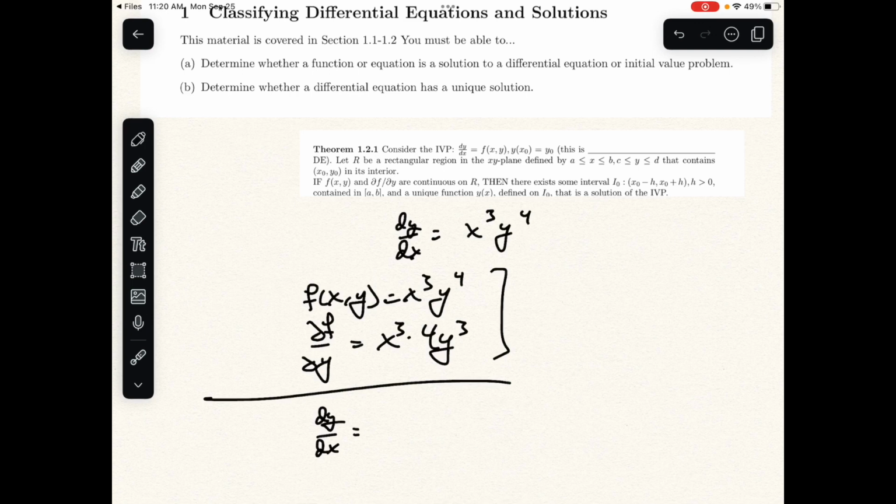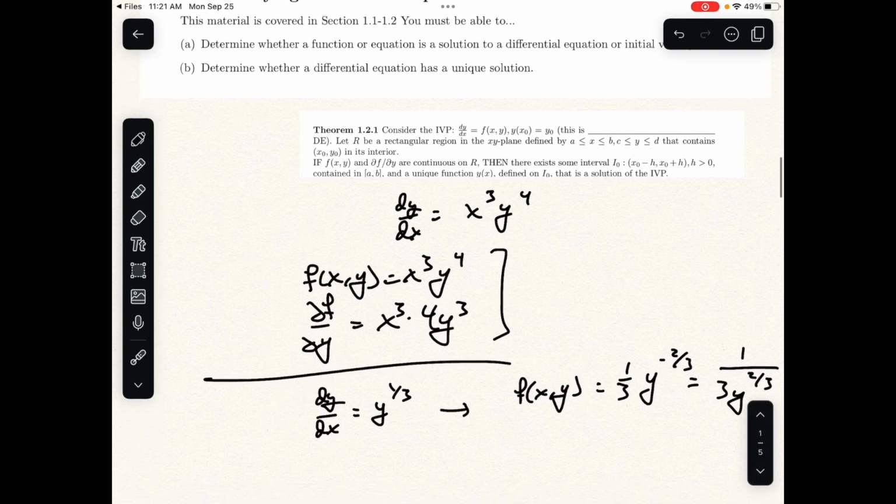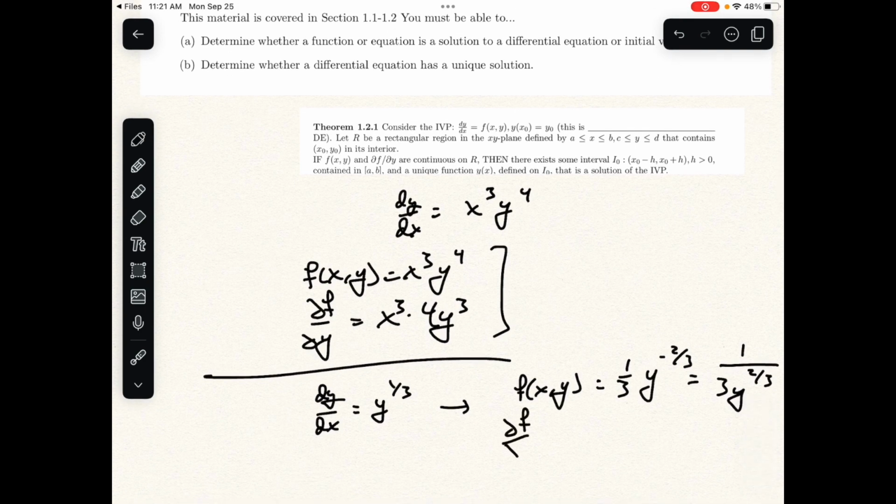what was the one from class? The one from class was y to the 1/3, I believe. So here, your f of x y is y to the 1/3.